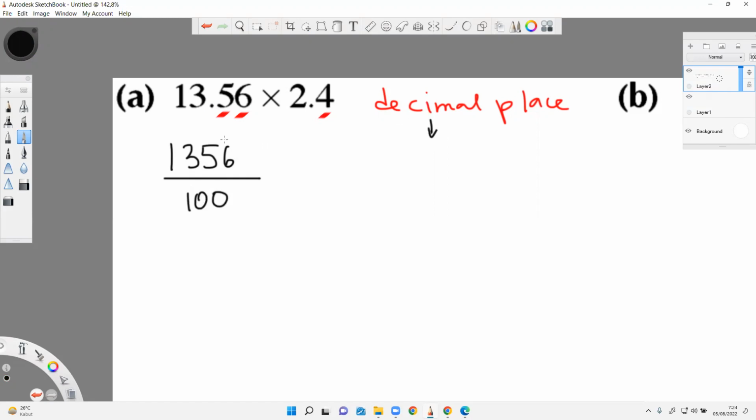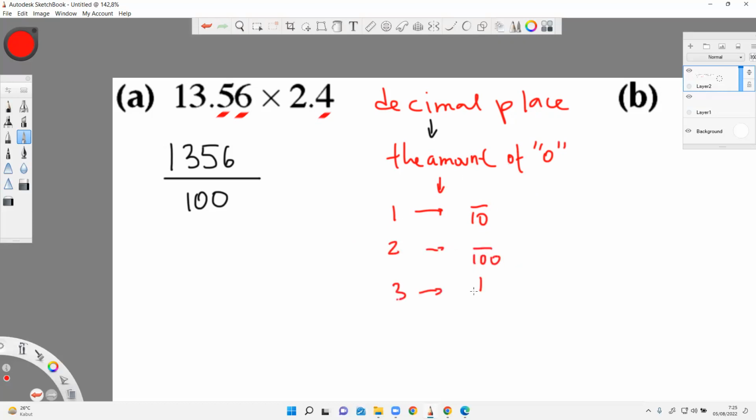So the decimal place is the number of zeros. You can say that if one decimal place, over 10. If two decimal places, over 100. If three decimal places, it's over 1000, and so on. You can go on and on.